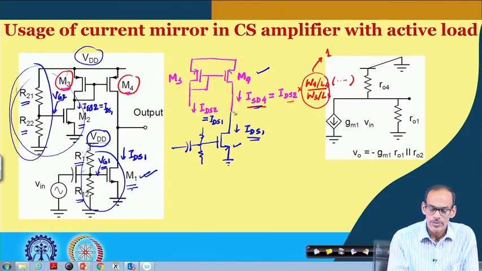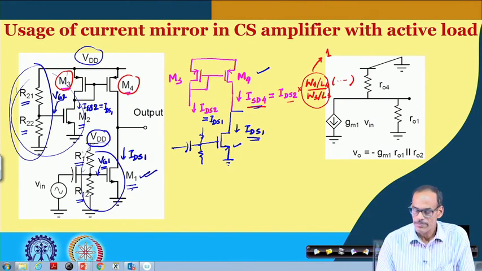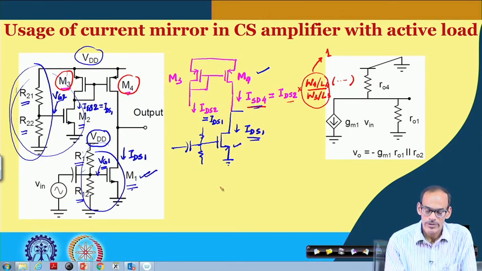After getting the DC operating point correct, we can try to get the gain of the circuit, and the gain is defined by the output voltage divided by V in.